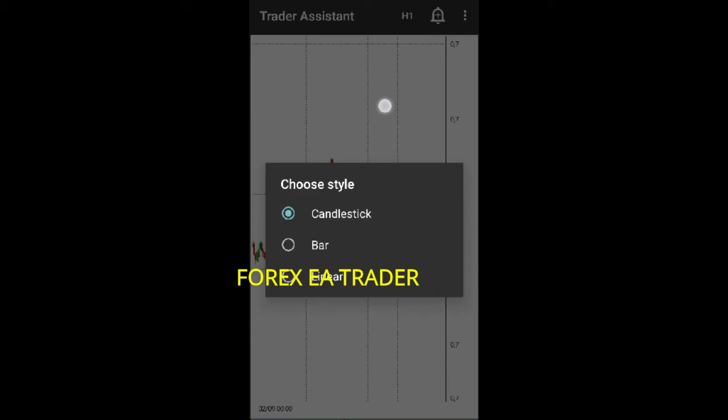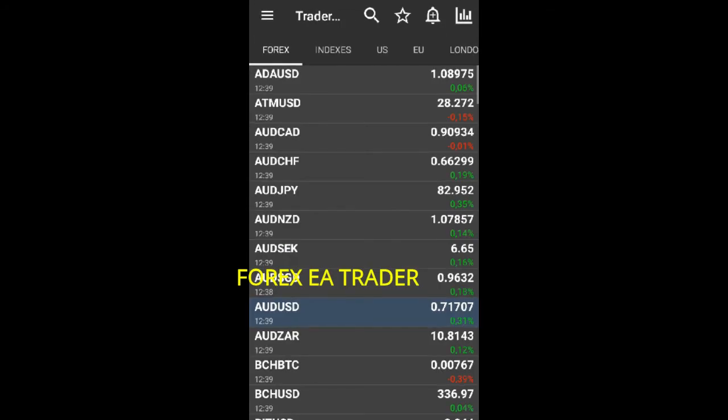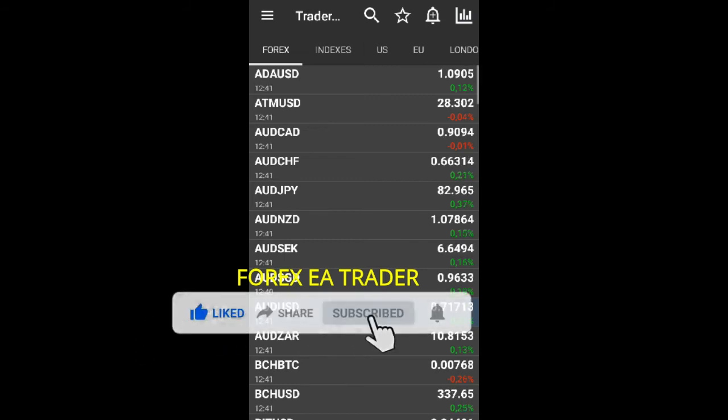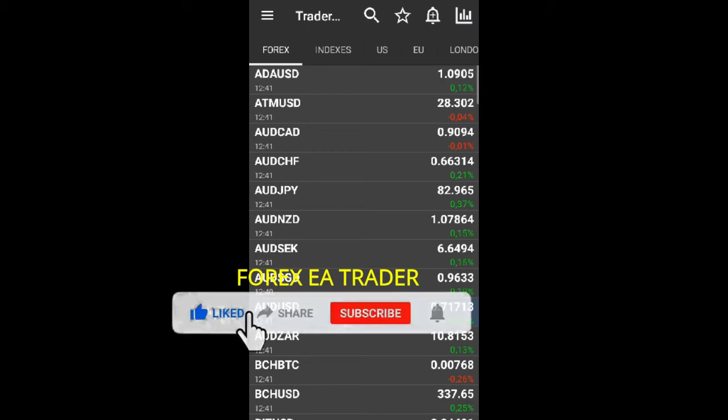Are you using bars, or are you using the lines? But use this app if you are like me. You don't always have time to sit at your charts, and you do not always have time to constantly go onto your MT4, MT5 to check where is price at. You simply need to just use this app.